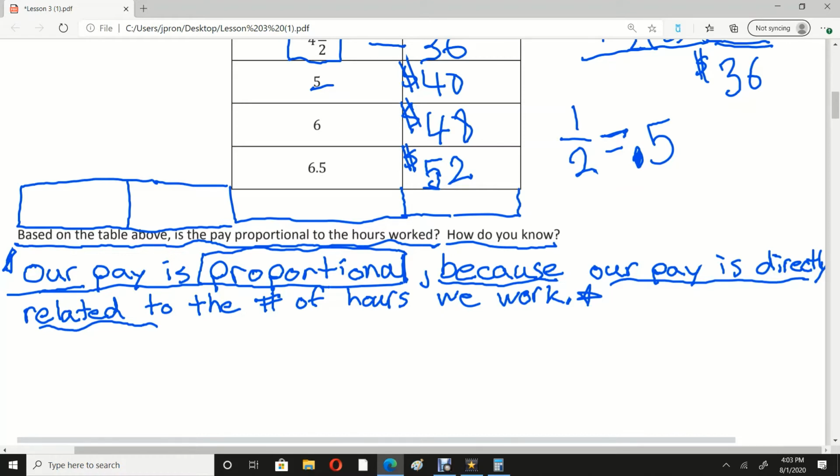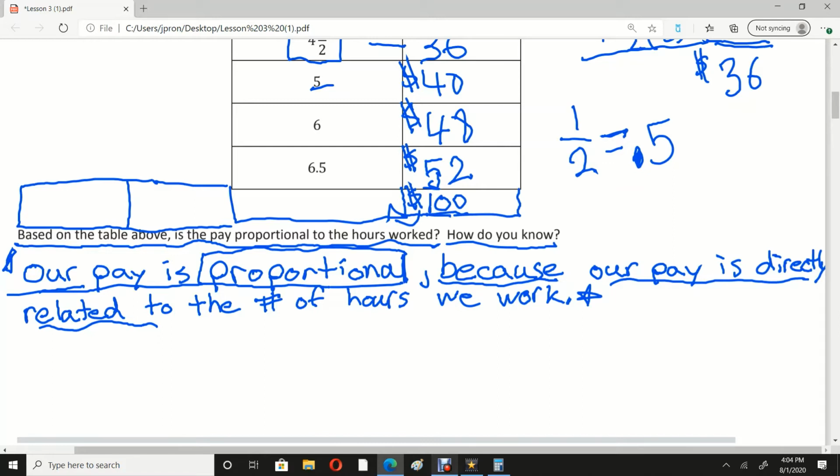They get paid $8 an hour as well, and they also do an overnight babysitting job. You talk on the phone, and your friend says, oh, I made $100 babysitting. How many hours did your friend get paid for if they got paid $100?